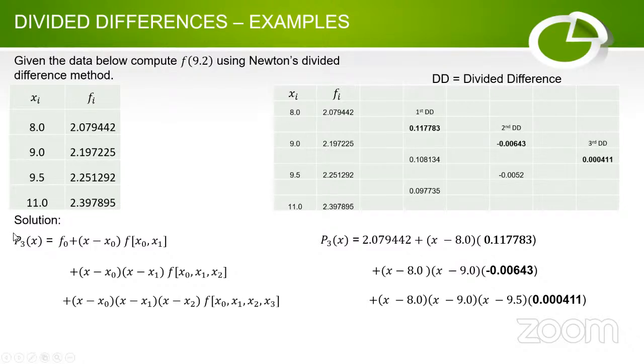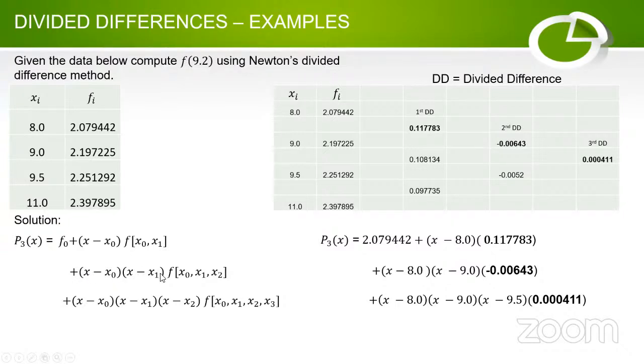So, of course, the first thing we should do is write our formula, which we know from our general formula. The first polynomial is f0 plus x minus x0, and then multiply by f[x0, x1], because for the first degree we have 2 data points, x0, x1. We'll add the next polynomial, x minus x0, x minus x1.